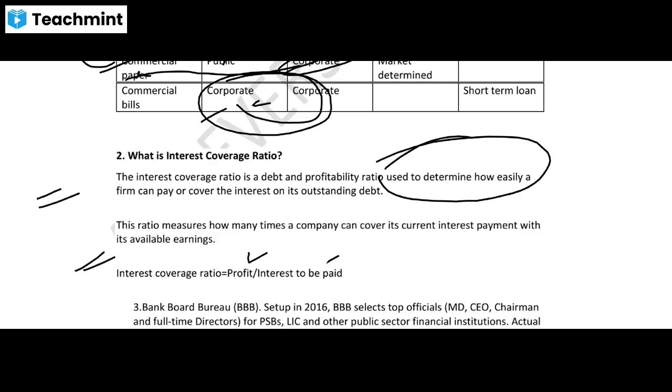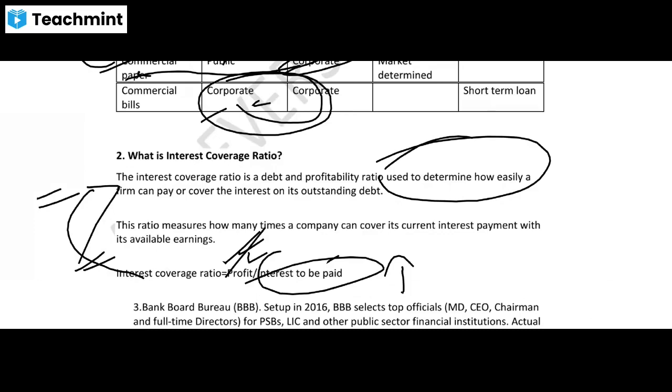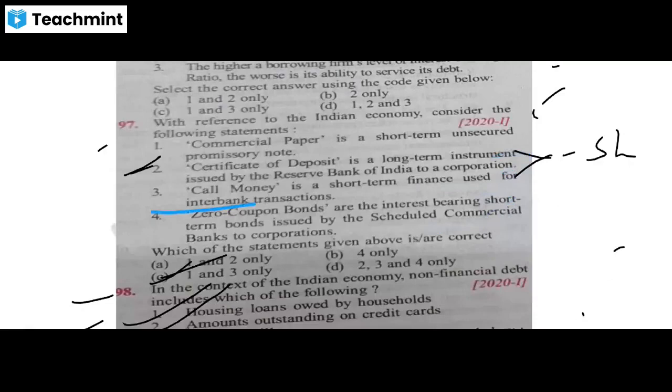If the interest coverage ratio is good or has increased, then the company has the capacity to repay the debt, because their profit is increasing in comparison to the interest to be paid. So in this case, the company can easily pay the debt. So in this question, let us solve the question with this bare minimum idea.